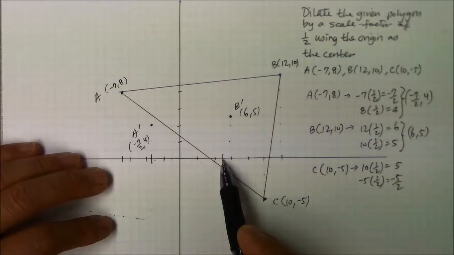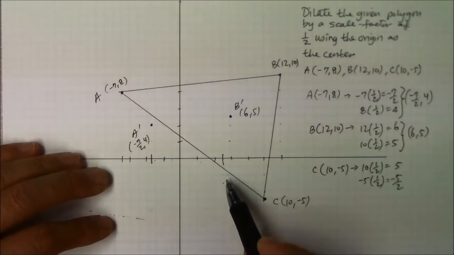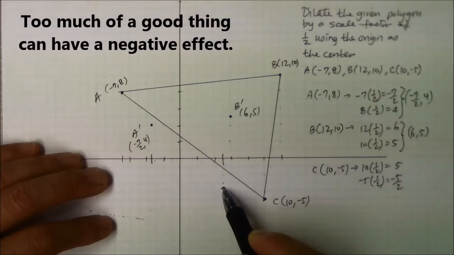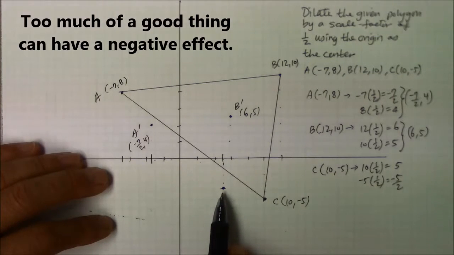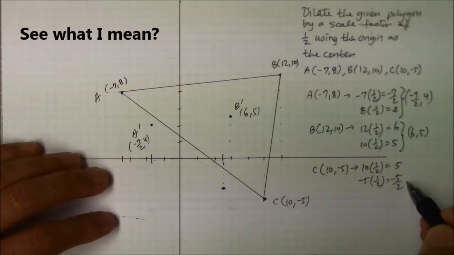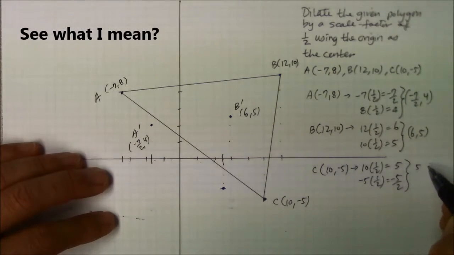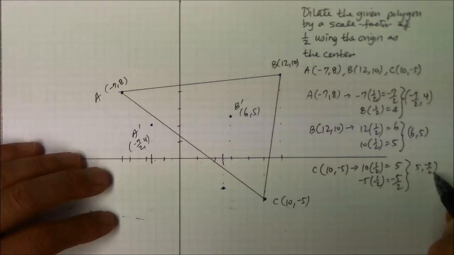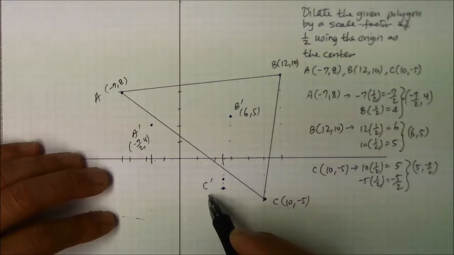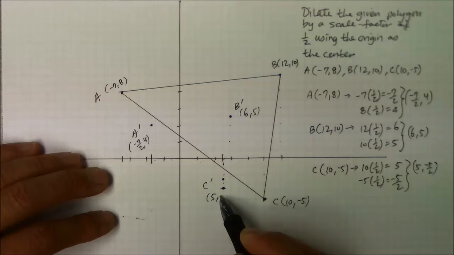And we're going to go down 2.5. No, that's not 3.5. That's 2.5. Be careful. I almost made a mistake. So 2.5, there it is. And that's C prime at 5 and -5/2, or -2.5.